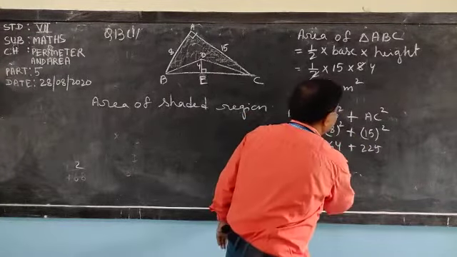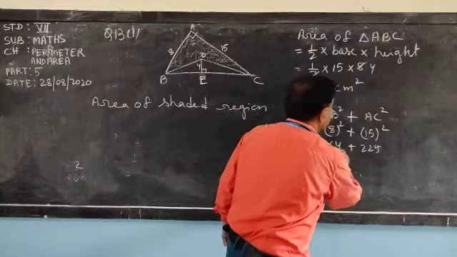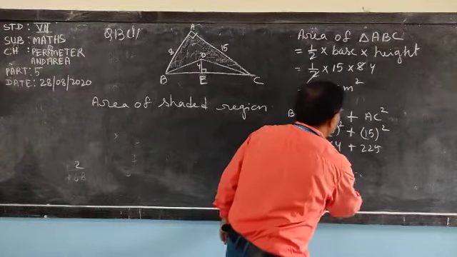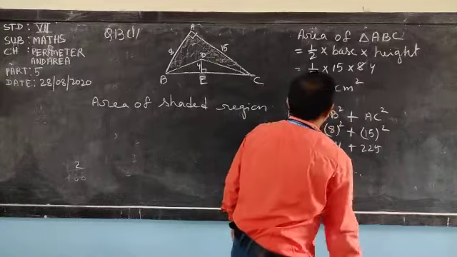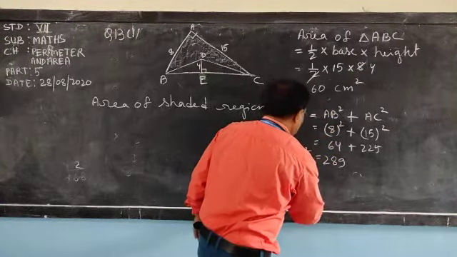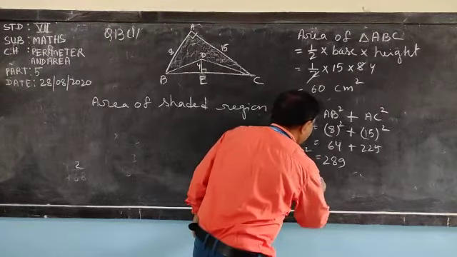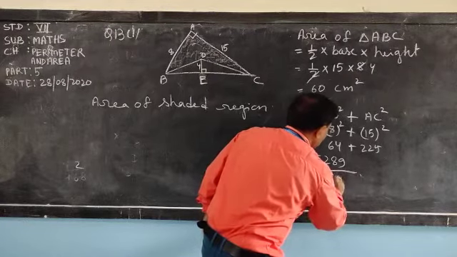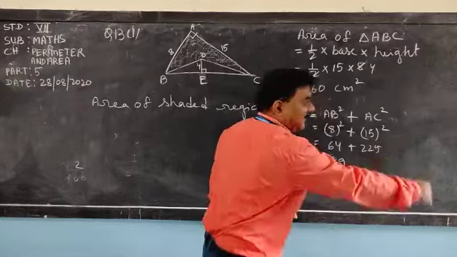Adding, 289. BC square is equal to 289, and then BC will be equal to root over 289.